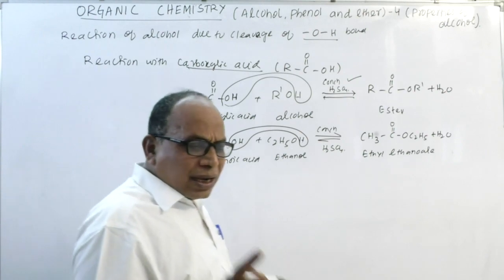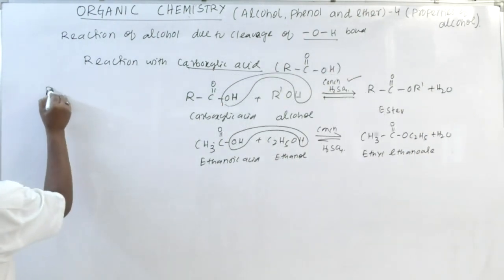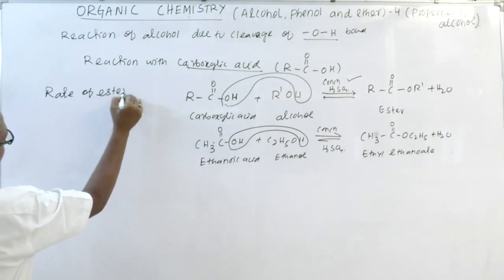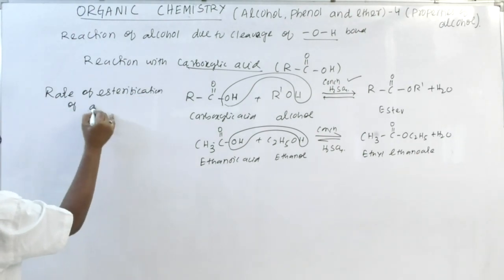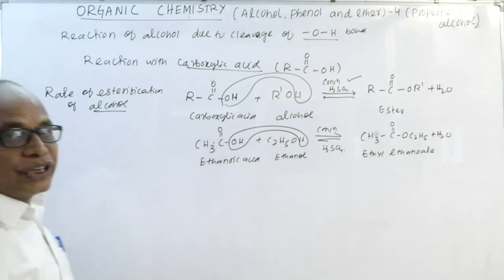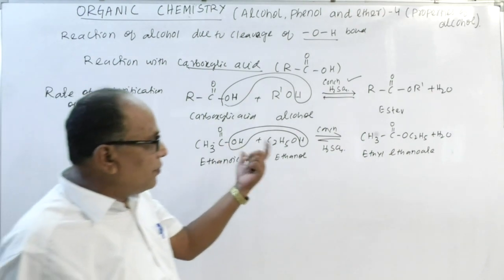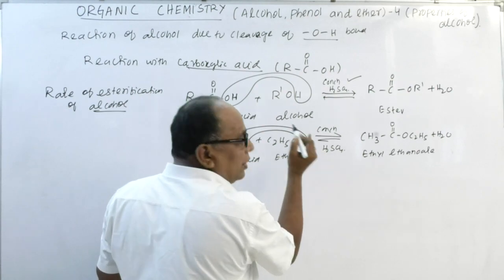So what is the rate of esterification of different alcohols? The rate of esterification of alcohol means which alcohol will produce ester readily. During esterification, there is cleavage of the oxygen-hydrogen bond.